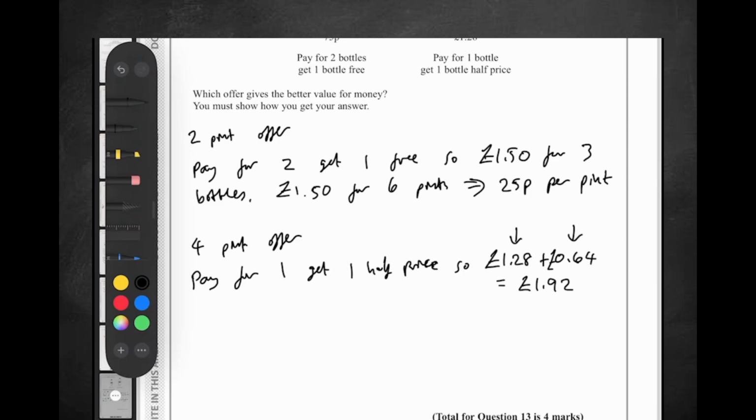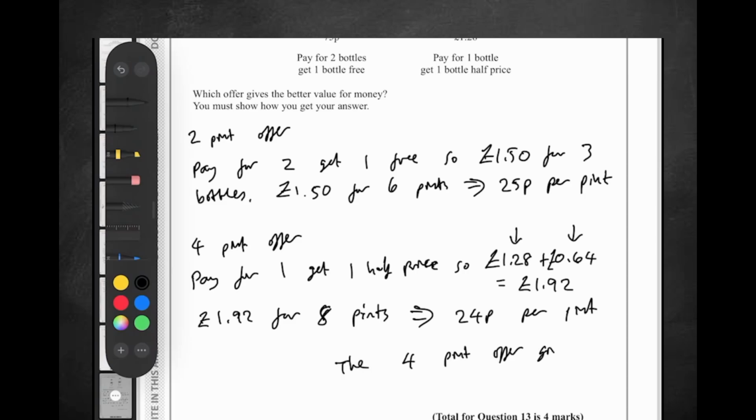And that's going to be £1.92 for 8 pints. Therefore, if I do £1.92 divided by 8 on my calculator, it is 24p per pint. And the question is, which offer gives you better value for money? The 4-pint offer gives better value for money, as each pint is cheaper.